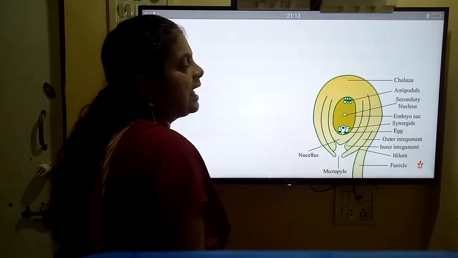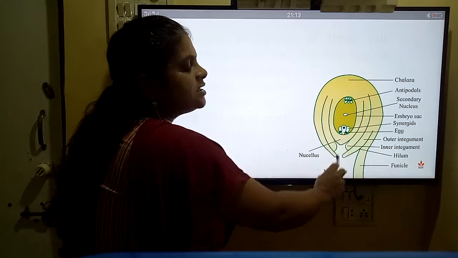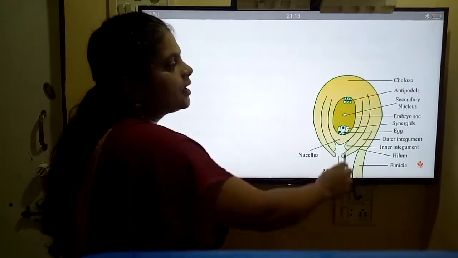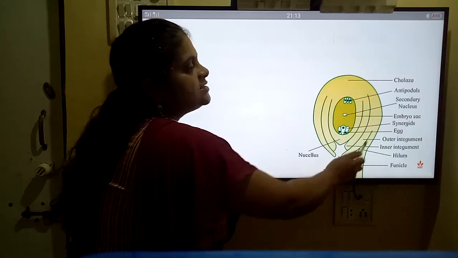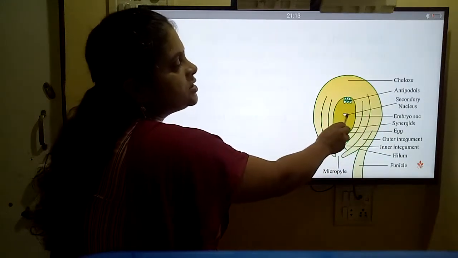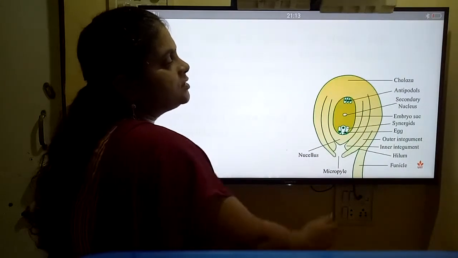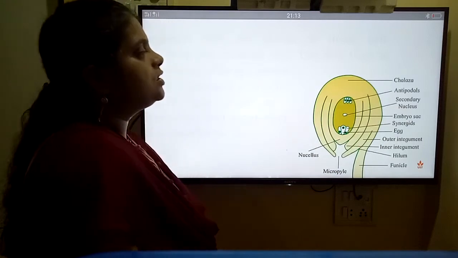All these three are haploid: these two haploid synergids, and the egg cell is also haploid. This group of cells is called the antipodal cells. Now this one is the polar nuclei. This polar nuclei is called the secondary nucleus.